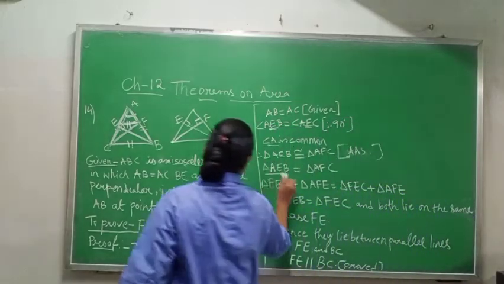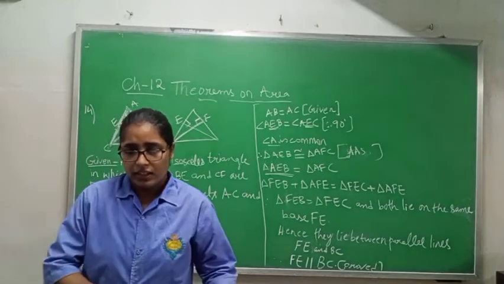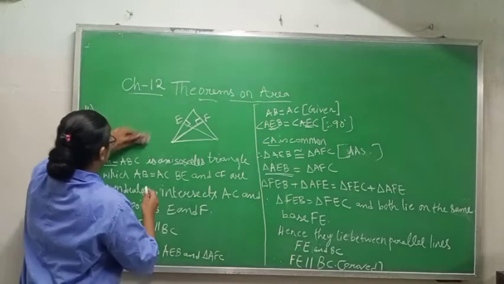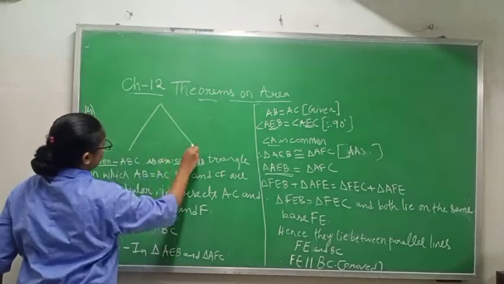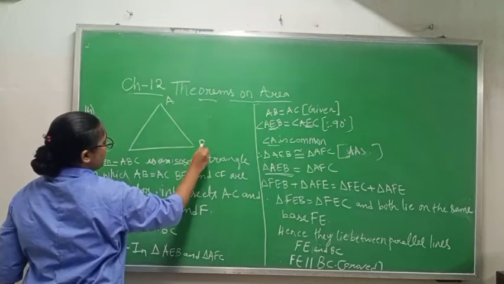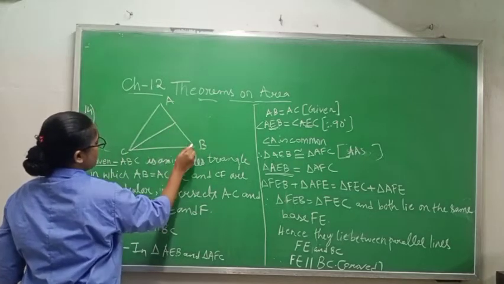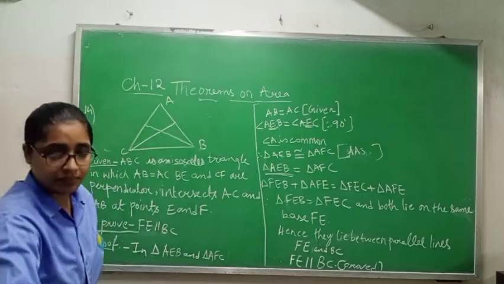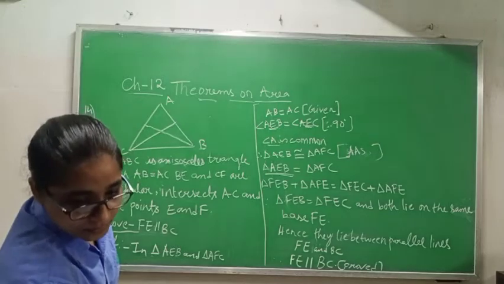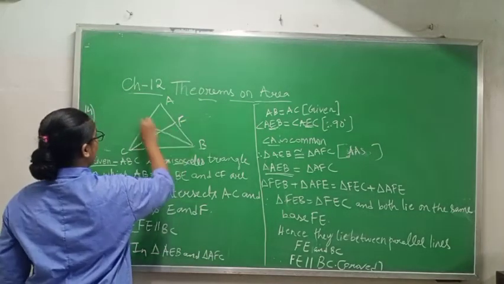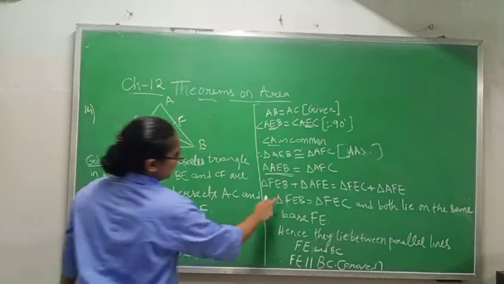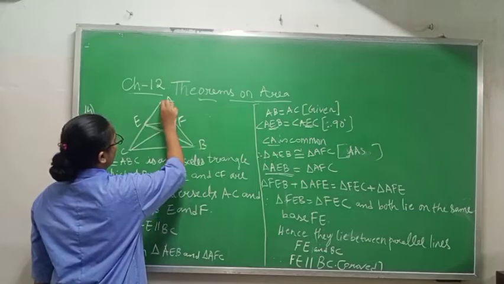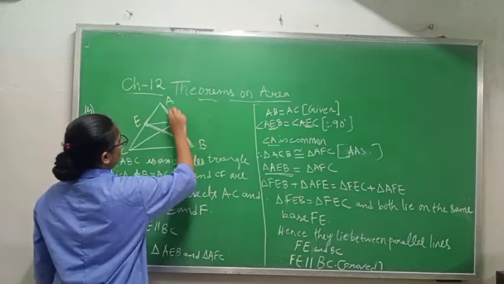Now in place of triangle AEB, see, this one is F, this one is E. Now in triangle AEB, this triangle is made up of two triangles.